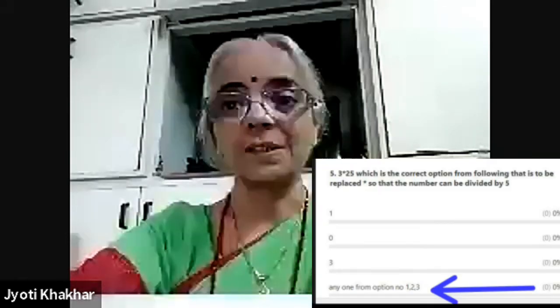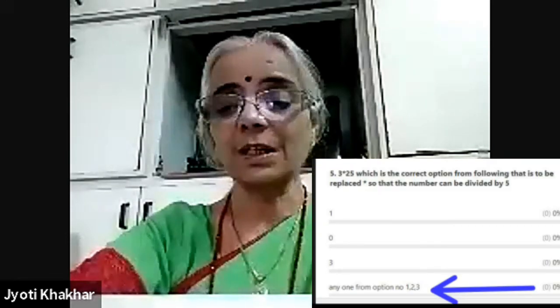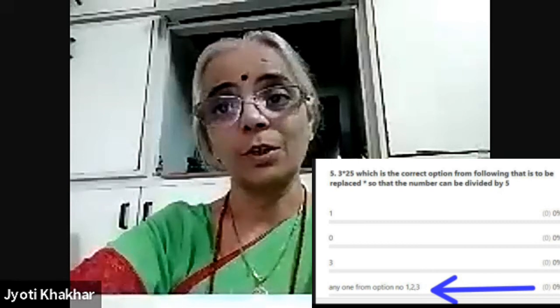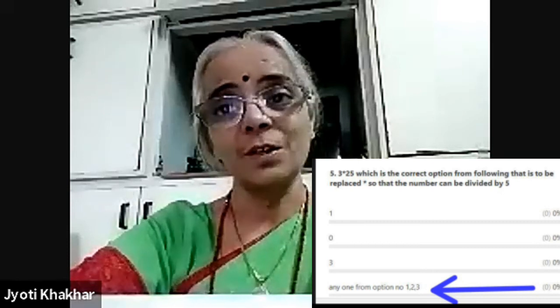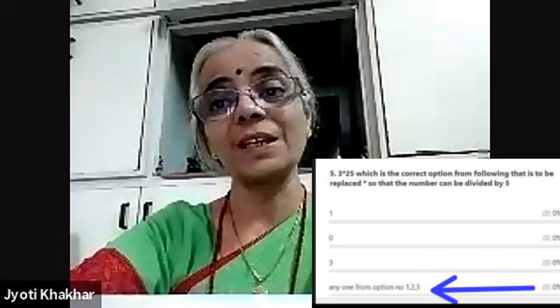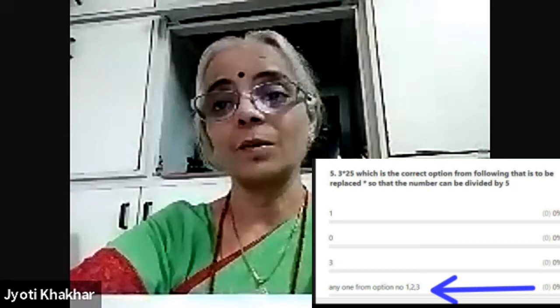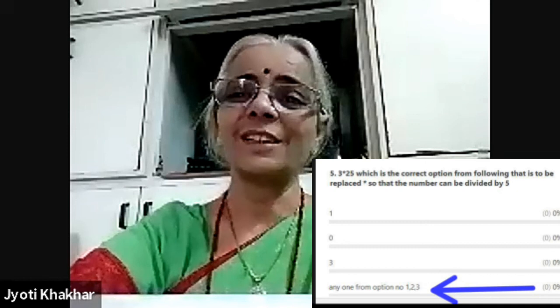3*25. Which is the correct option from below to replace the star so the number can be divided by 5? And what is the divisibility rule of 5, children? At the unit place 5 or 0. And the unit place 5 is given.